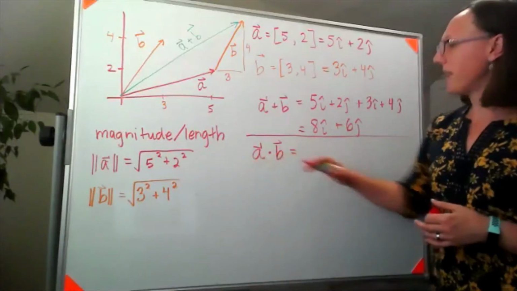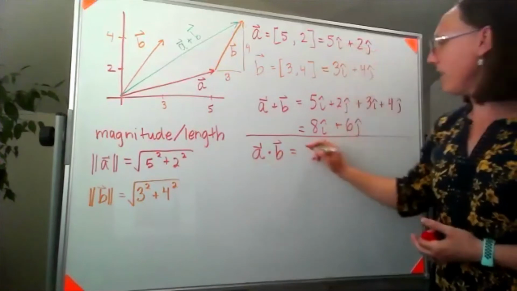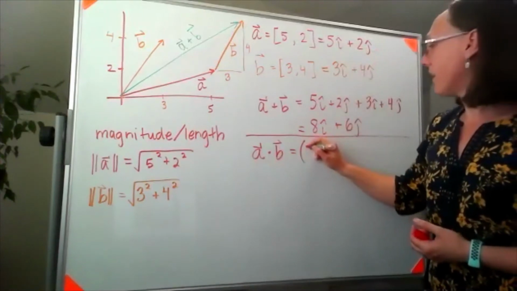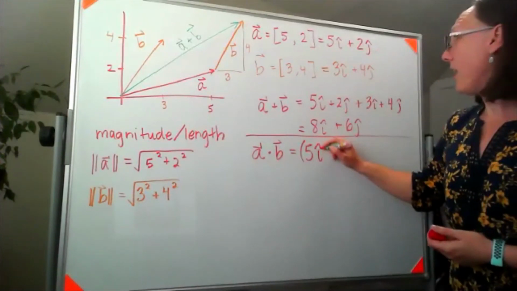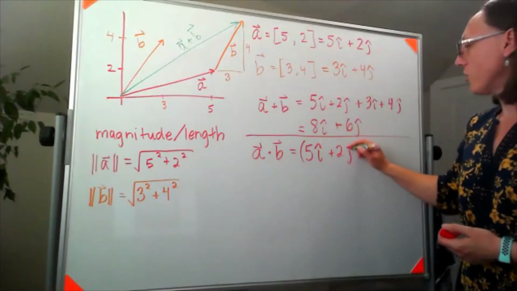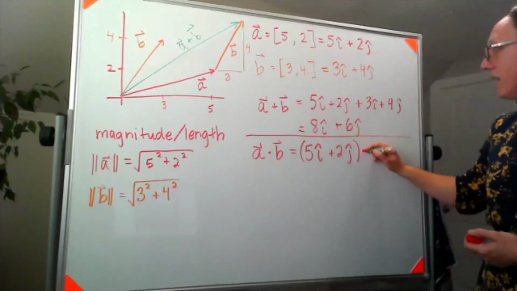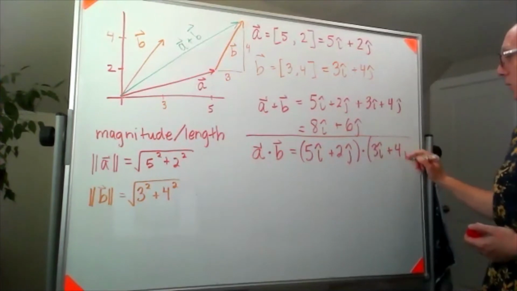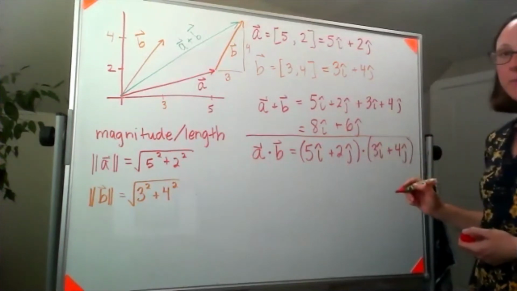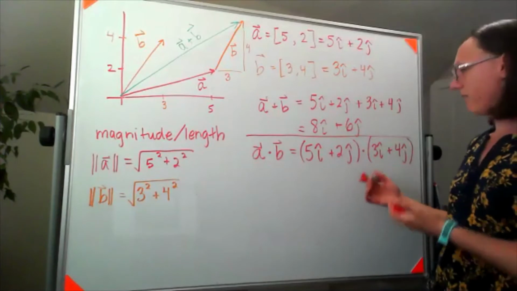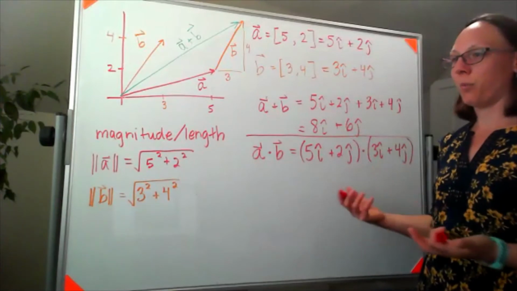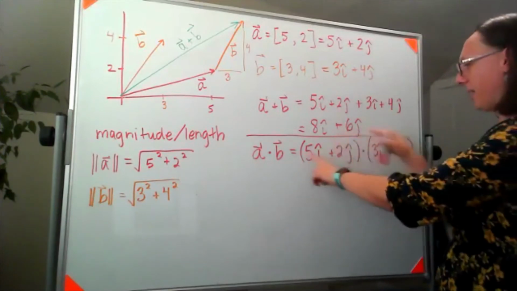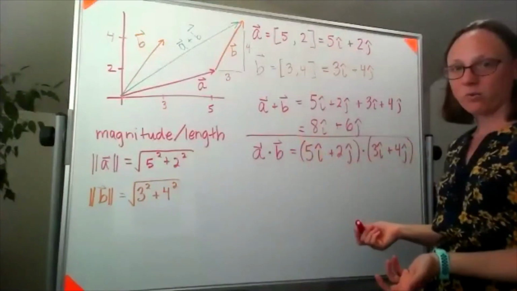So if I multiplied A times B, then this would look like 5I plus 2J times 3I plus 4J. Now, if I multiply this in the normal way, I'm going to end up distributing things out.